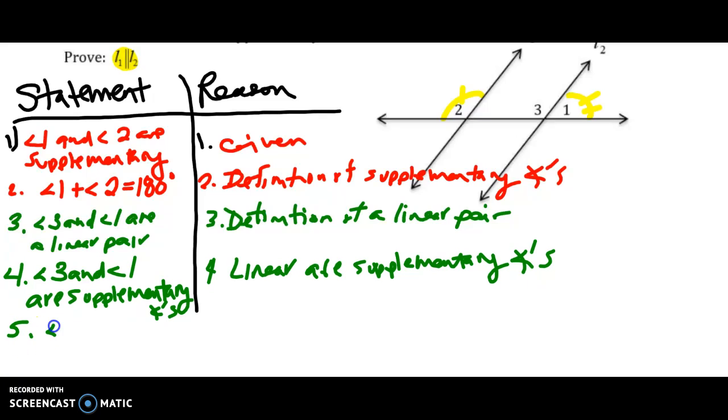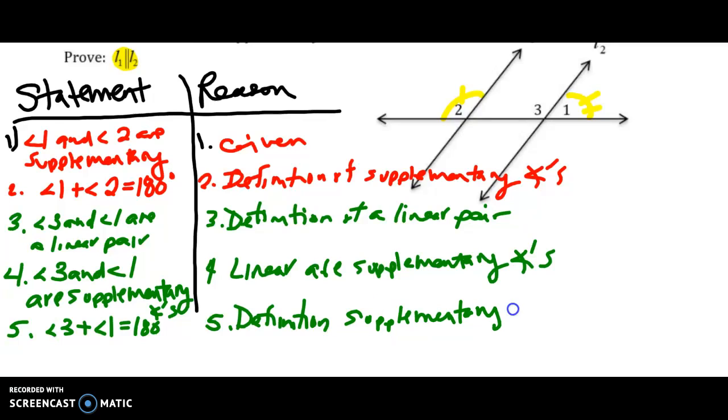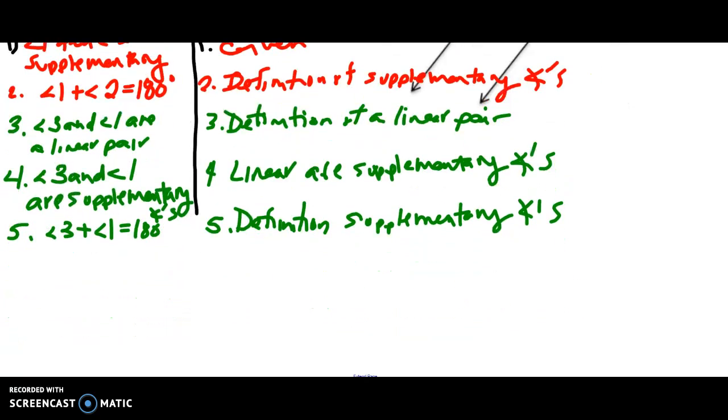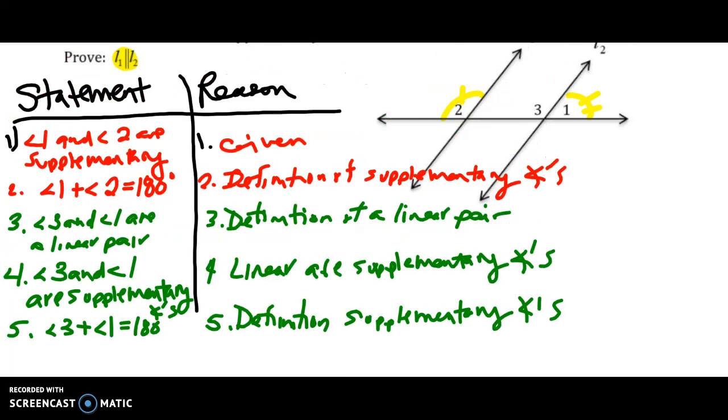What does that mean? Angle 3 plus angle 1 equals 180. Definition of supplementary angles, where supplementary angles sum to 180 degrees. Alright, I now have two equations that both equal 180 degrees.